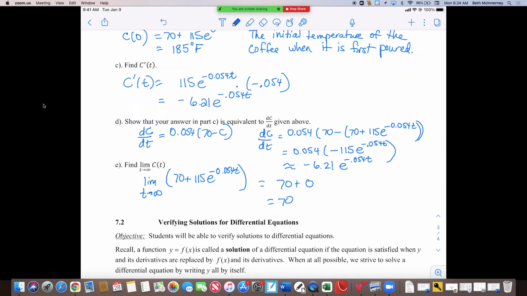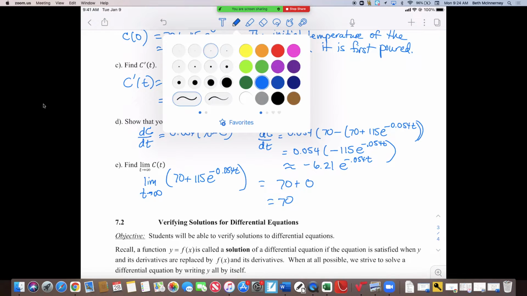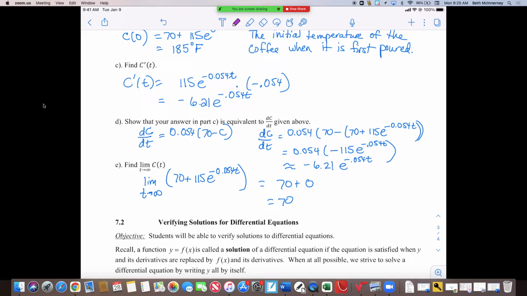Okay, the longer you leave it out, the coffee will reach room temperature. Now it's not going to get colder than room temperature, right? So let's interpret that because they would probably ask us that.